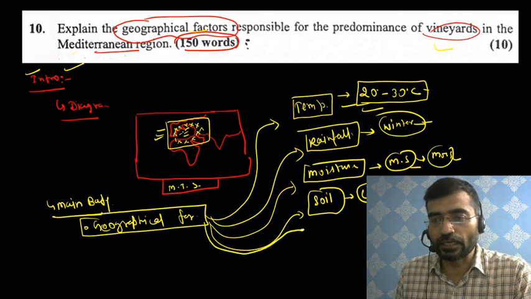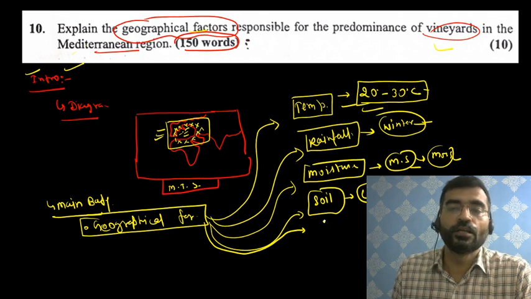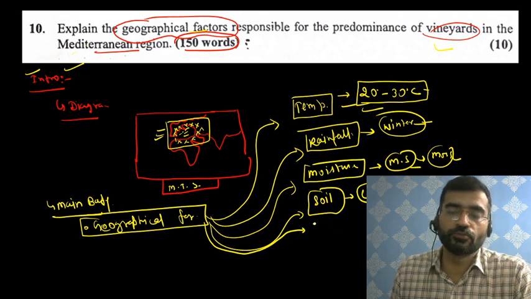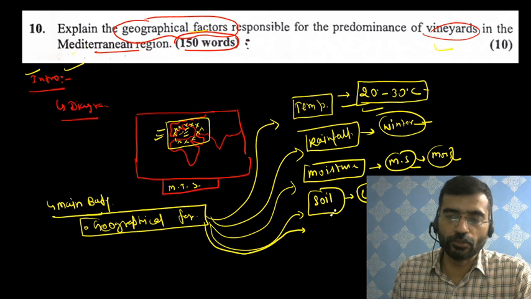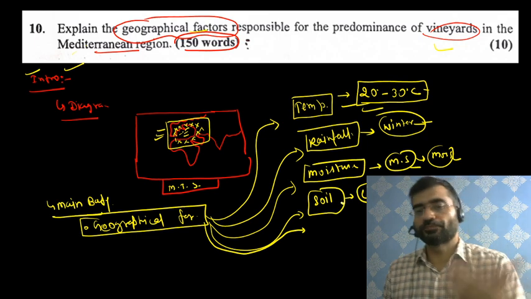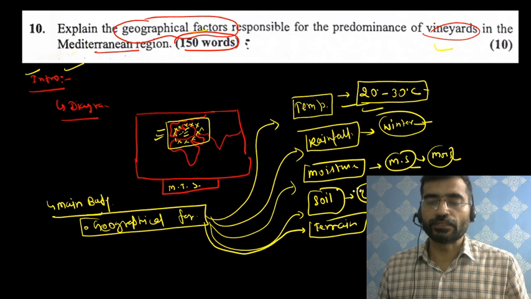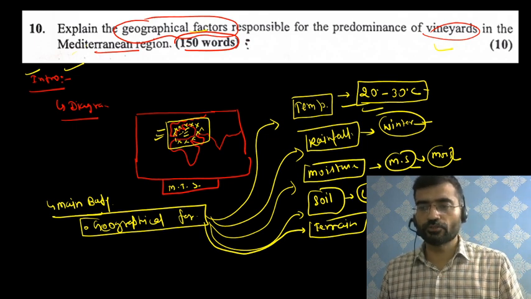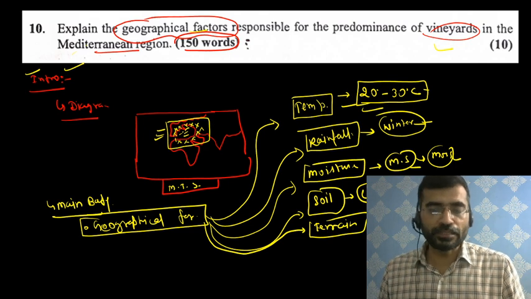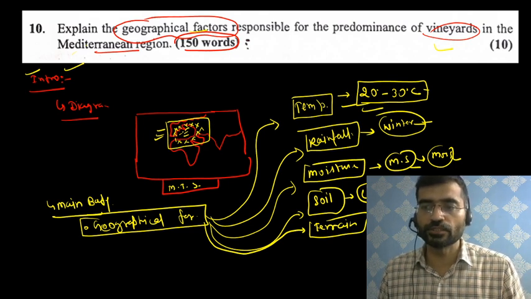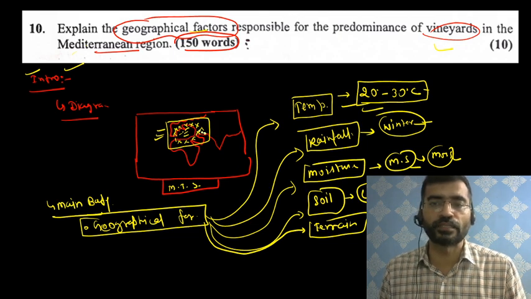Similarly, you can add an aspect about the soil moisture and the terrain. Next one is terrain. Terrain means slope. You know that this region is quite sun facing. Most of the area under cultivation of the fruit lies on the sunny slopes of the Alps mountain, and here.